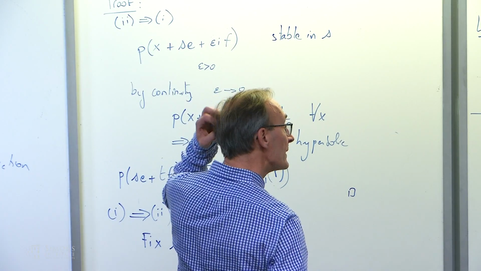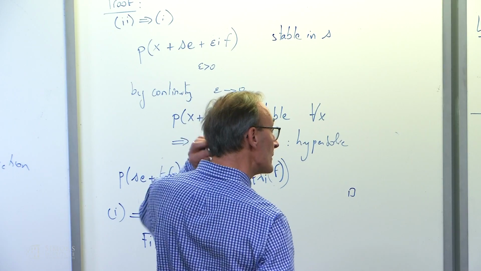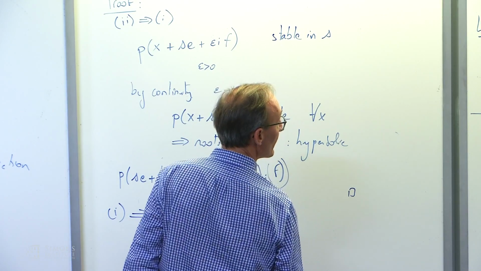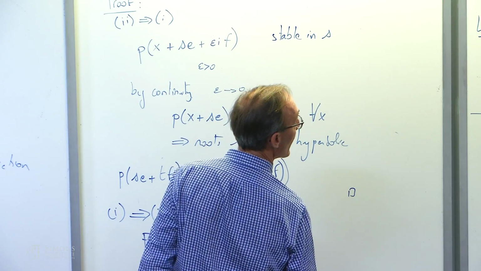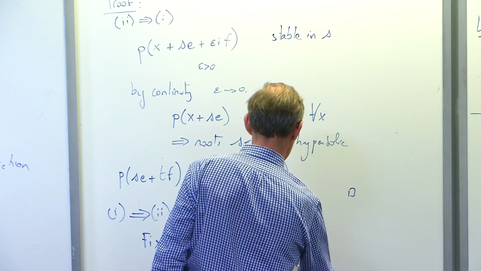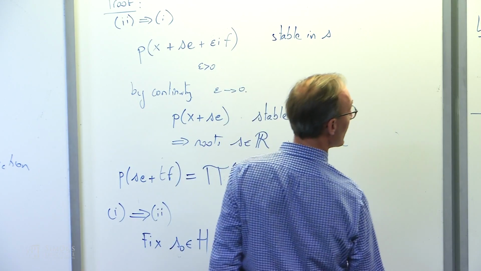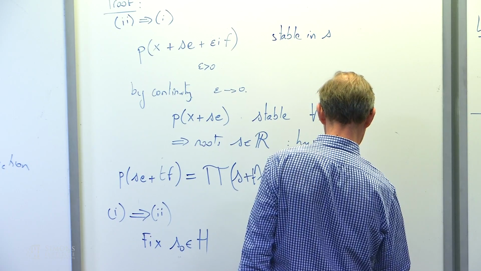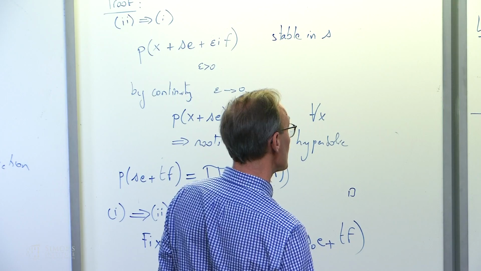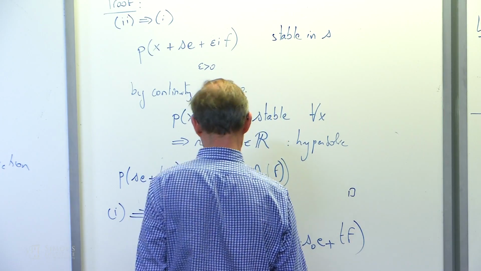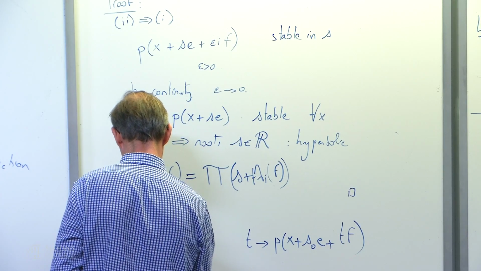Now if I look at the roots of the polynomial that maps t to P(x + s0 e + tf), I need to show that this is stable. So first let's look at x equal to 0.